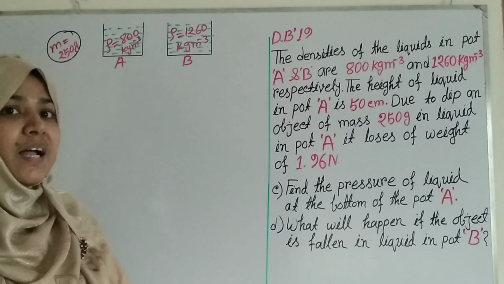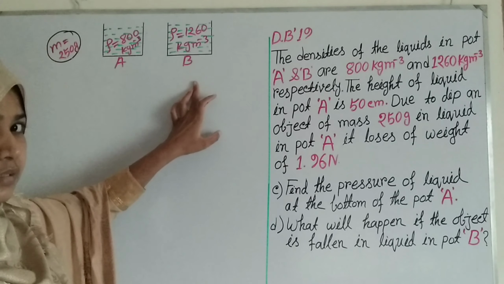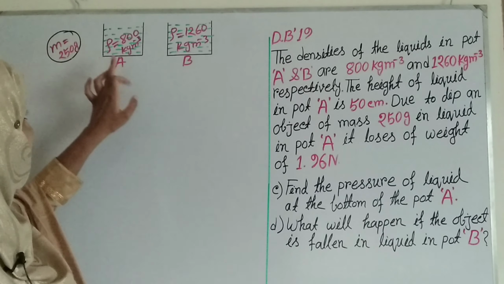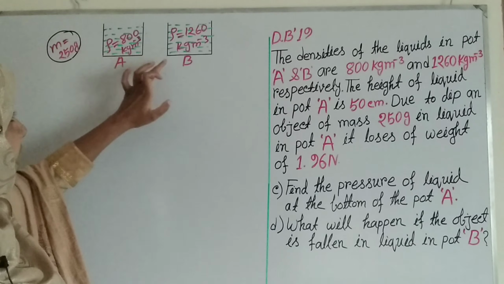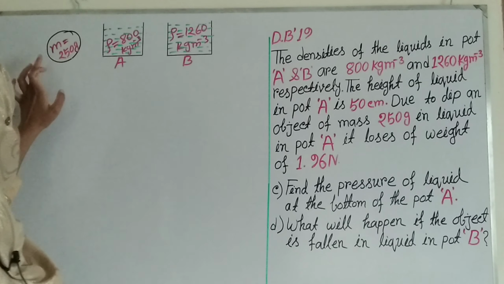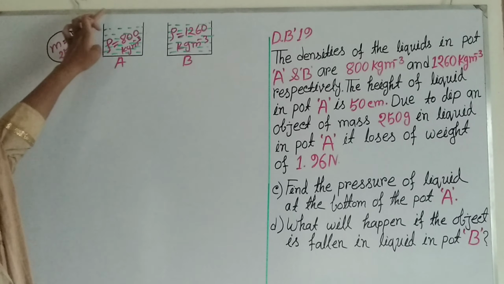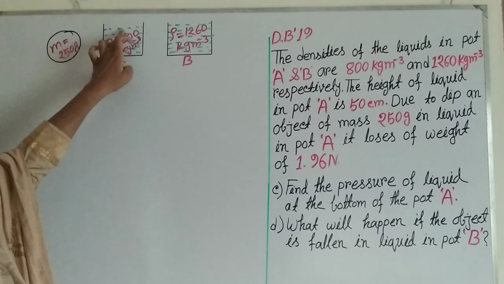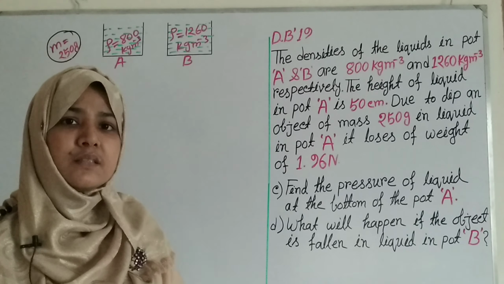It will help you to understand the stem. Here are two pots filled with liquid, and the density of liquid in pot A is 800 and pot B is 1260 kg per meter cube, and there's an object with mass 250 gram. When this object is dipped into pot A, the object loses weight, and the lost weight is 1.96 Newton.